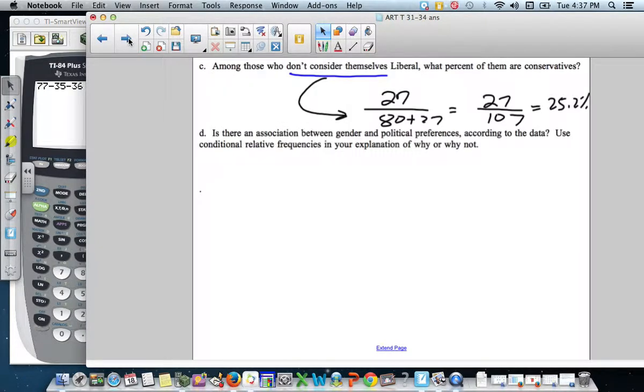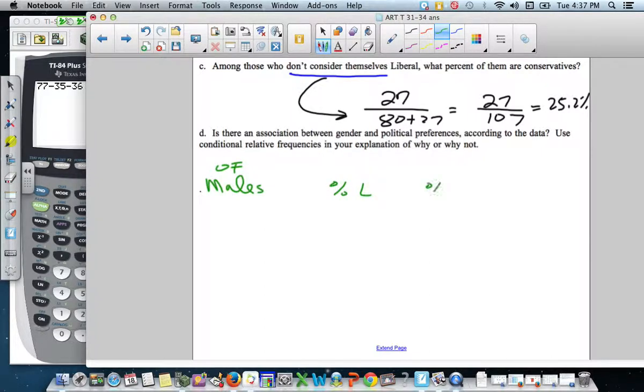And that's really what we should be doing to answer D, to see if there is an association between gender and political preferences. I'm just going to look at the condition of gender of males. So I'm just going to say, of the males, what's the percent who are liberal? What's the percent of males who are moderate? And what's the percent of males who are conservative?